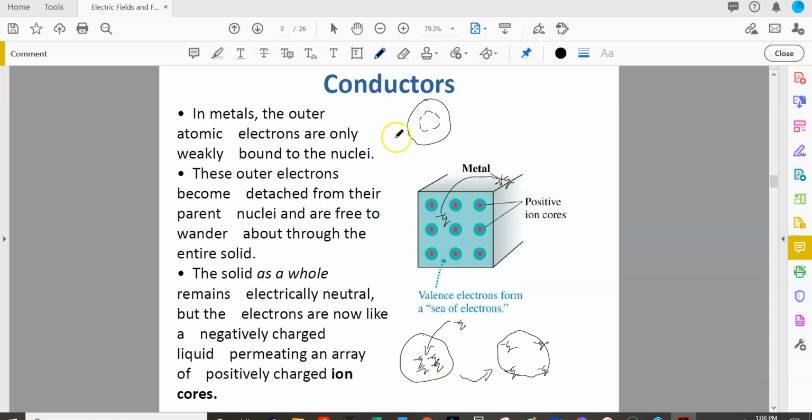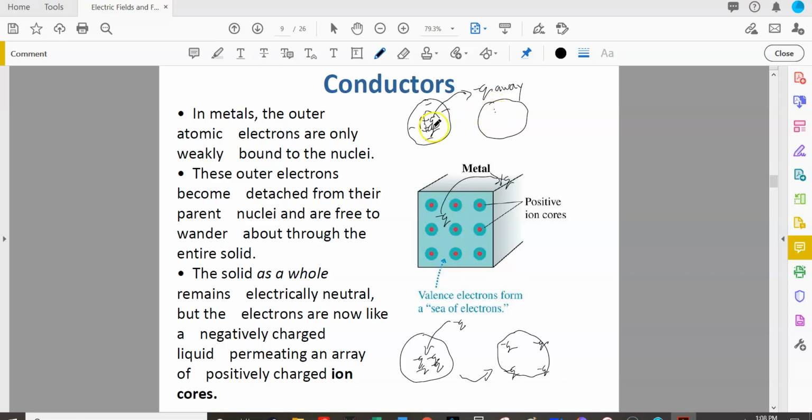However, if you ripped electrons out of this area of the conductor, well, all of these electrons, which are now free to move, are going to jump in there and try to balance it out. And so eventually this object would become neutral again.